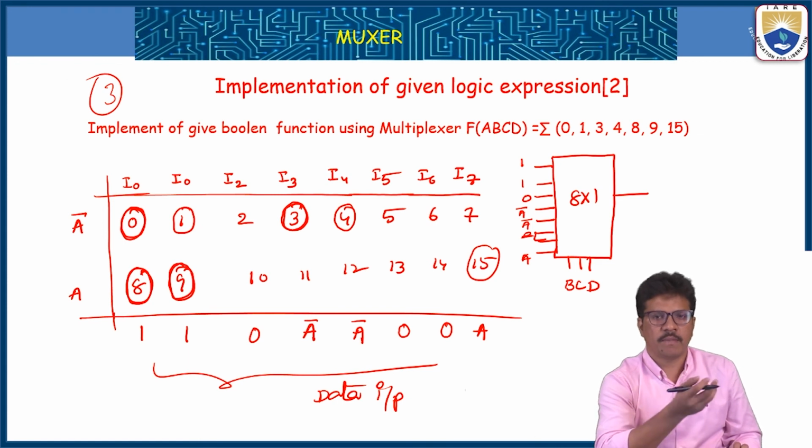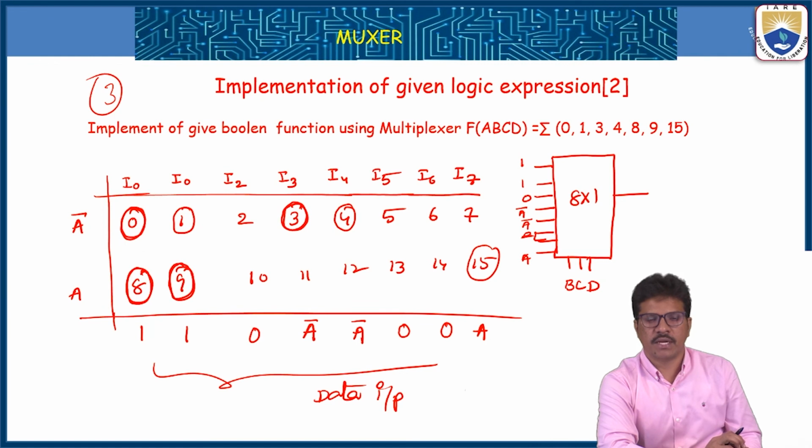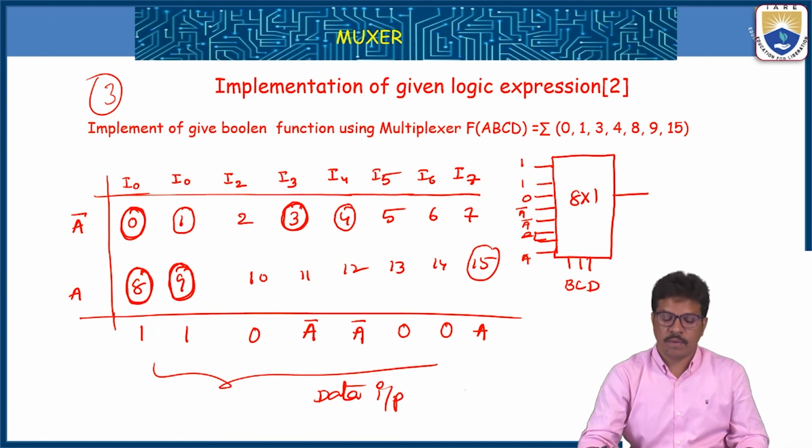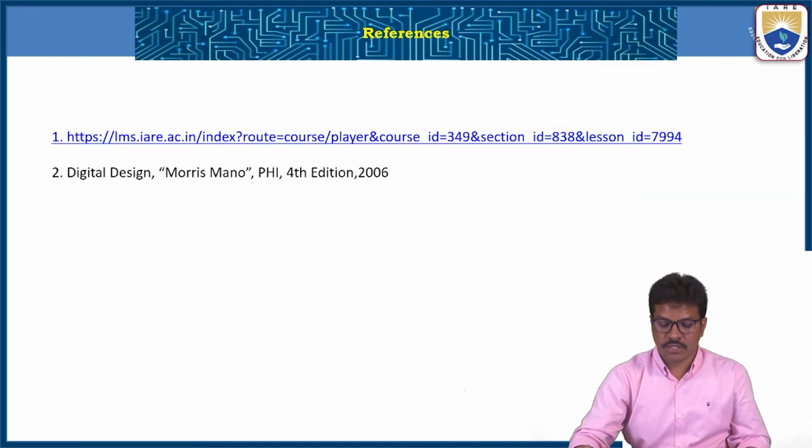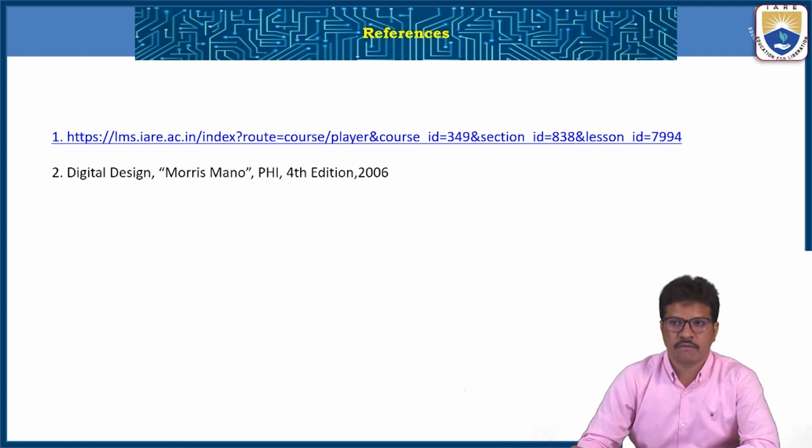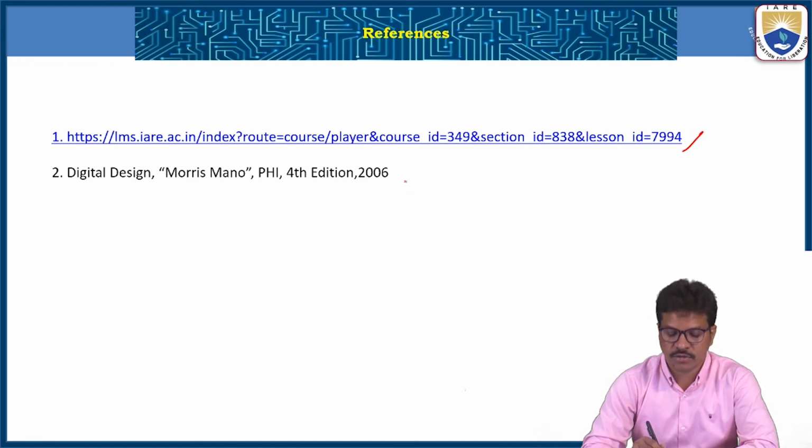Now similarly, we can apply the same thing in a demultiplexer. Whatever problem is given for the demultiplexer, if you apply the reverse case, you will implement the demultiplexer. I am taking these problems from the lecture notes from IARE and from Morris Mano, Digital Design, 4th edition, 2006.